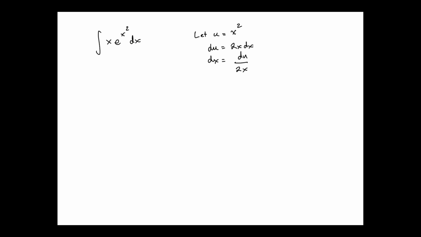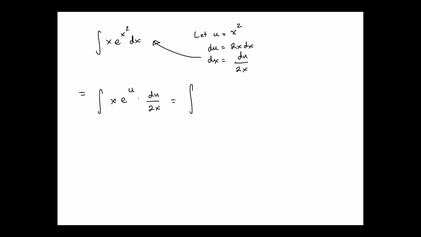Okay, so I've got u and I've got dx. Now let me substitute those over to here. What did I say x squared was? U. And then what's dx? Du over 2x.